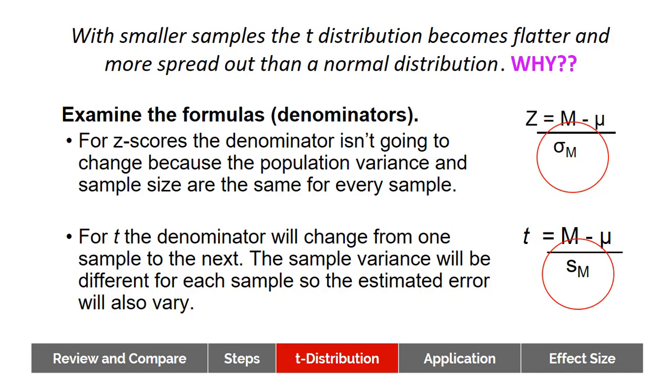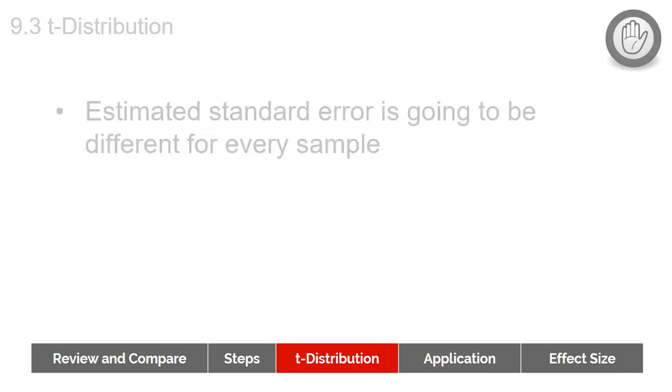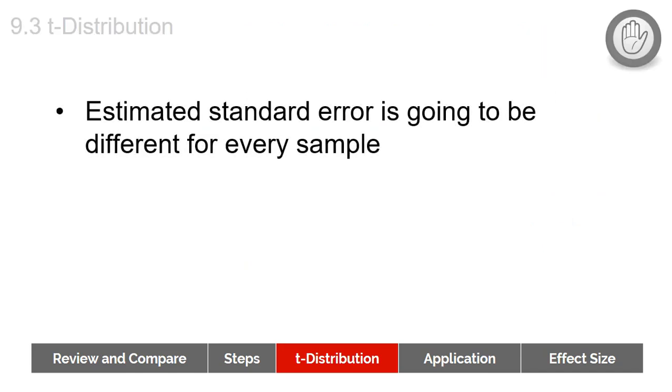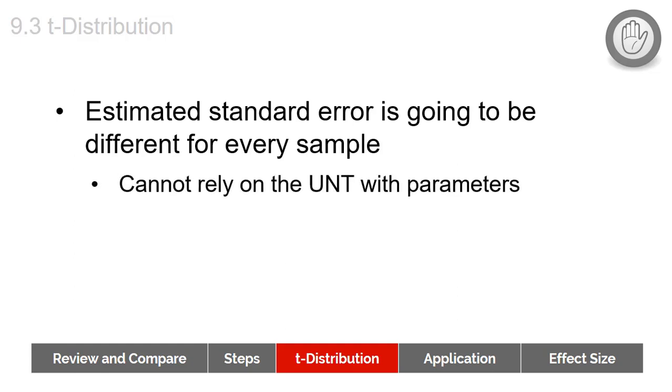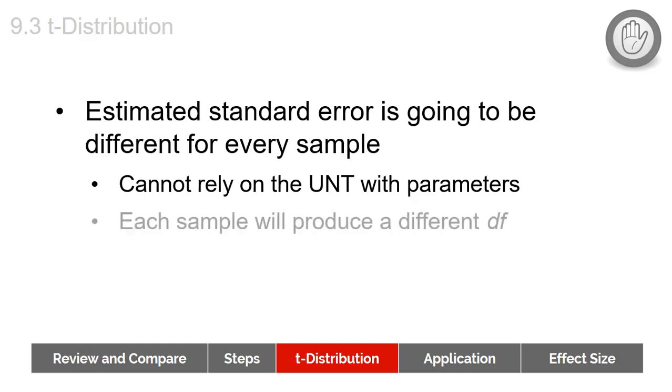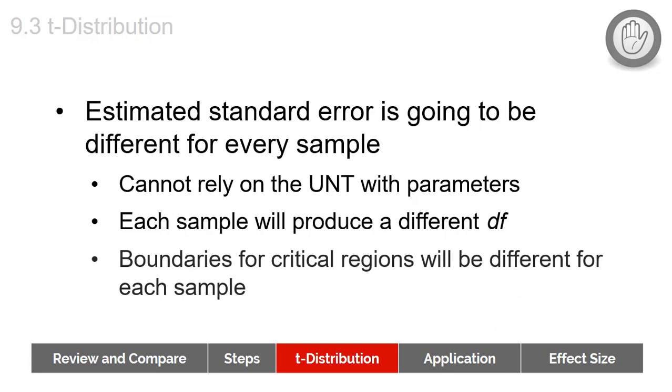The sample variance is going to be different for every single sample, so the estimated standard error will also vary. The estimated standard error is going to be different for every single sample because we can't rely on the unit normal table with the parameters that are already known. Each sample produces a different degrees of freedom, and so the boundaries for the critical regions are going to be different for every sample.